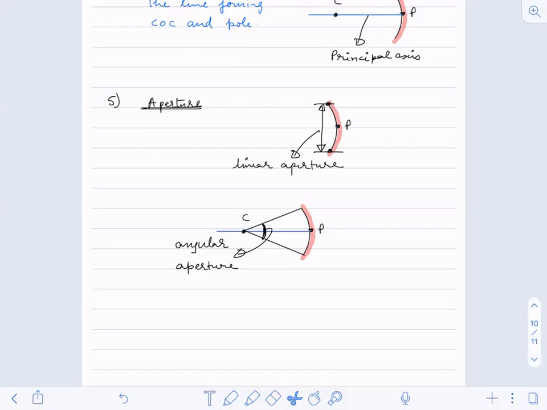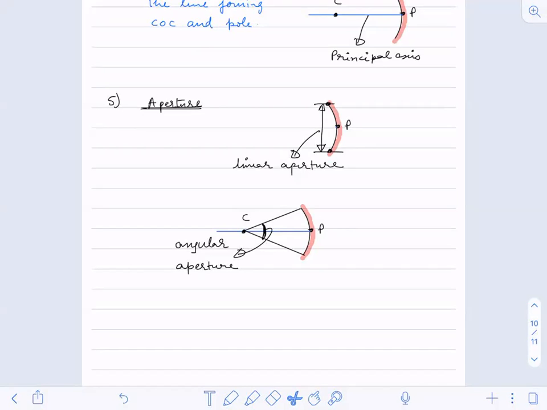Then sir, can we make a concave and convex mirror from a sphere which is not hollow? If it is a solid, it will be tough, dear.